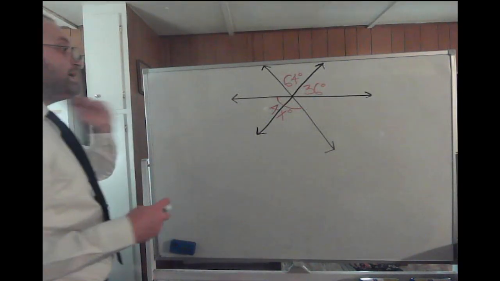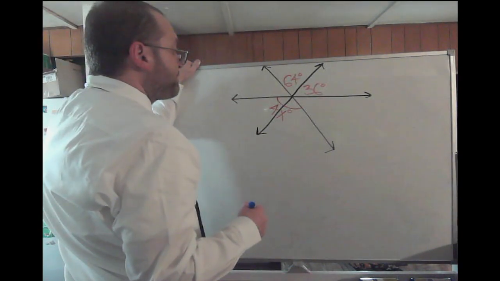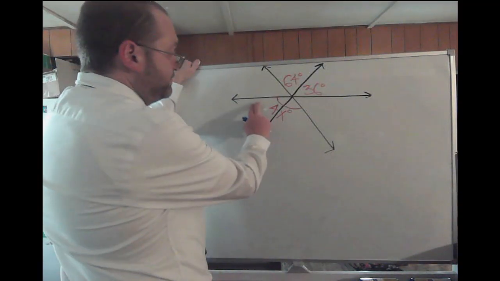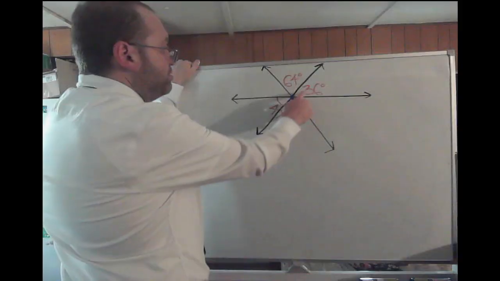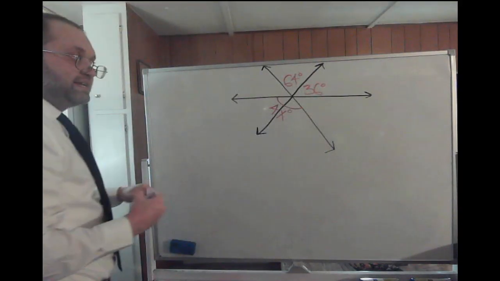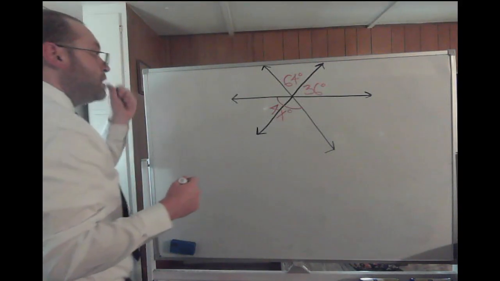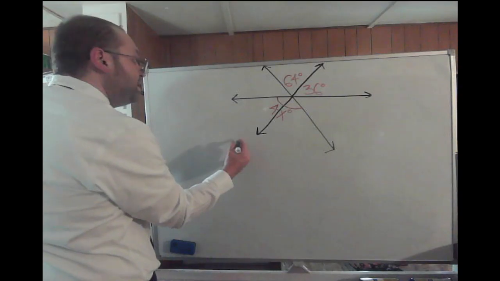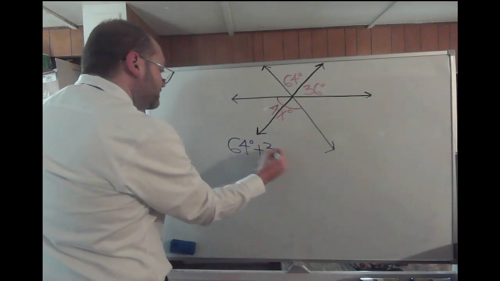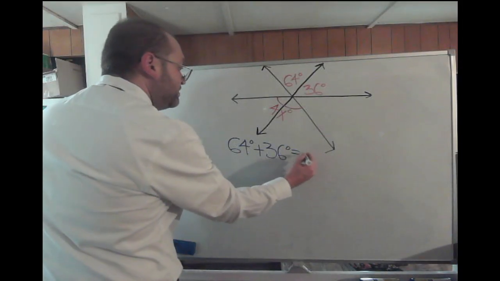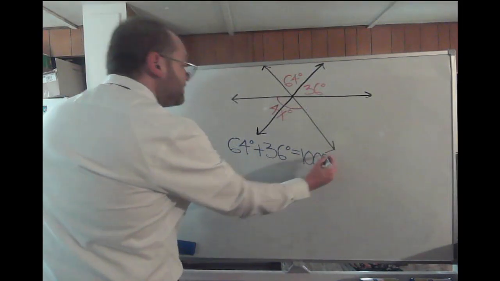Take a look at this diagram here, right? The vertical angle for 4x, if you pretty much erase this ray, would be the 64 and 36 added together, right? So we know that 64 degrees plus 36 degrees equals 100 degrees, right? Now it's easy.